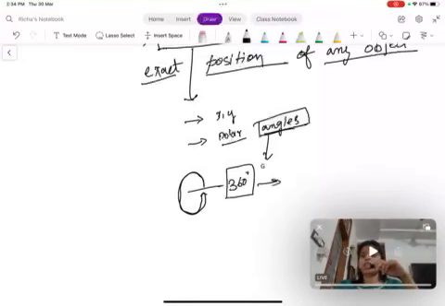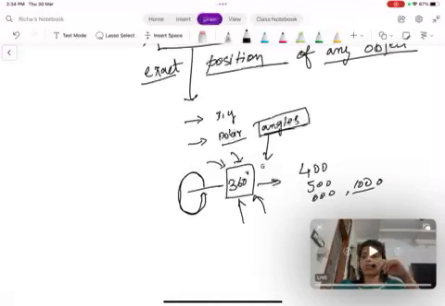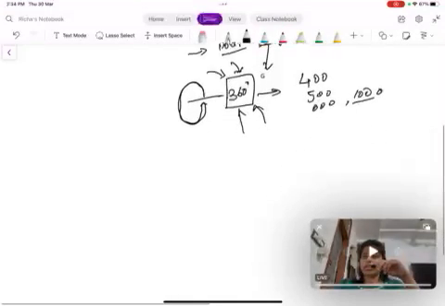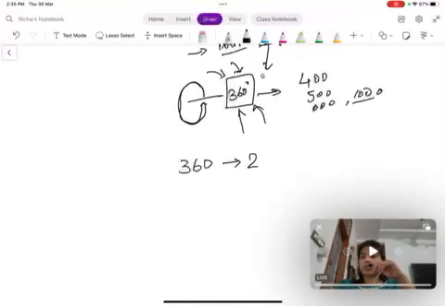We could have taken any other number like 400, 500, 600, or maybe 1000, but we settled on 360 degrees. Reason being, can we divide 360 by 2? Yes. By 3? Of course. By 4?